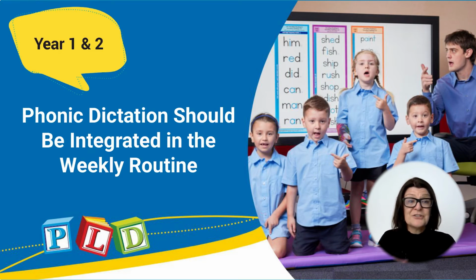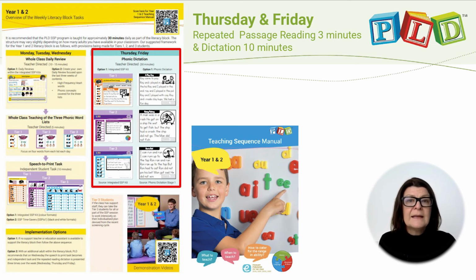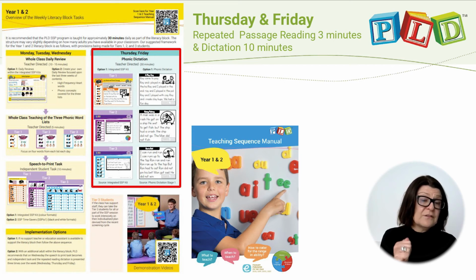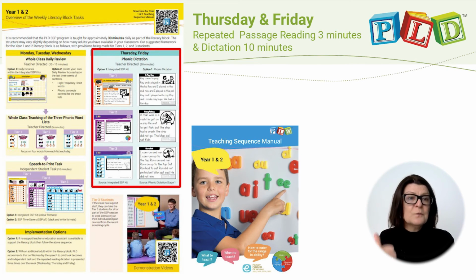Phonic dictation is central to the weekly routine. And at a minimum, Thursday and Friday, or you've got the option of Wednesday, Thursday, Friday. The more you work that repeated reading and that phonic dictation, the stronger the results.